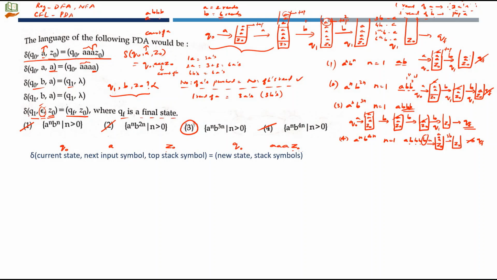When we have 2 A's, we will have 6 B's, which is the example that we have seen already. So this is how you have to interpret the transition and find out the answer.